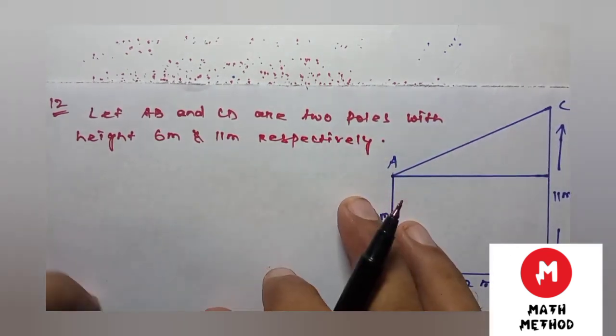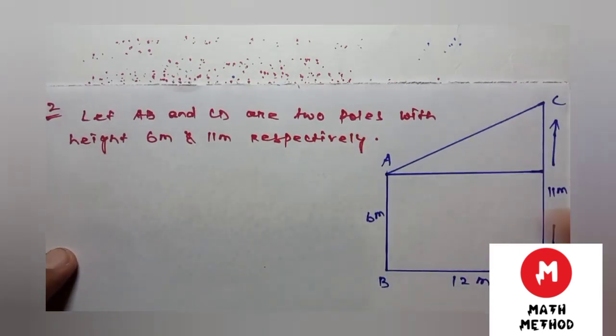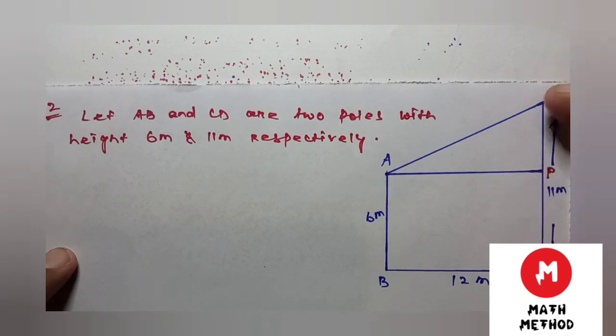Clear? So here let the intersecting point be P. Now CP is equal to, here this is 6, so total is 11, and this is our 6.